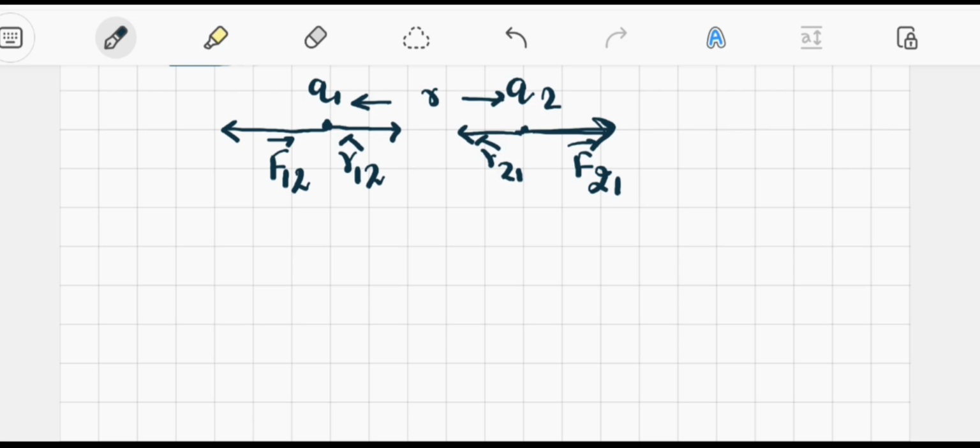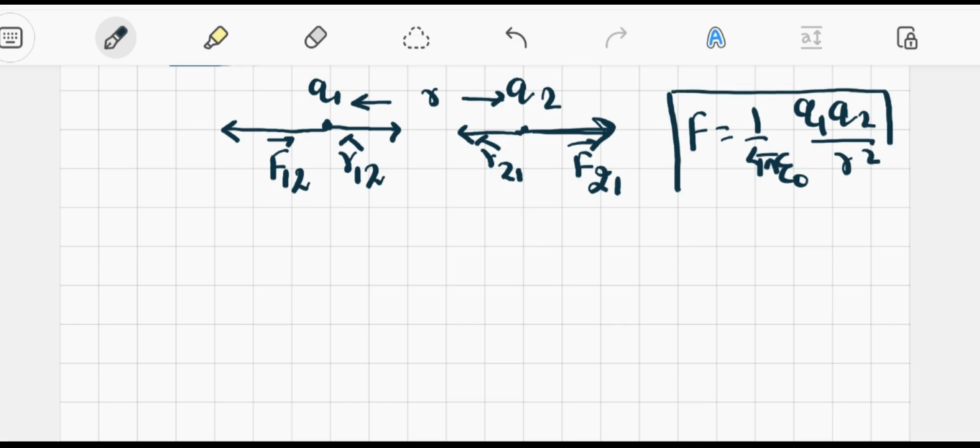Now students, we have the Coulomb's law already discussed, that force equals 1 by 4 pi epsilon naught, that is the value of K, Q1 Q2 divided by R square. We have this formula already discussed in this video.